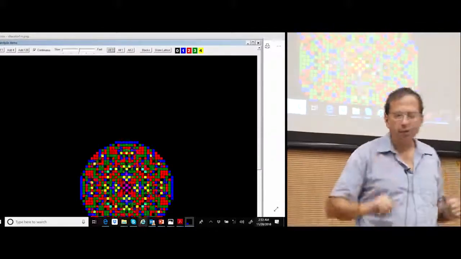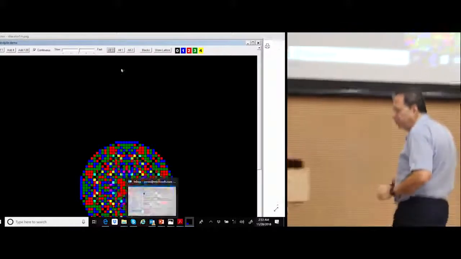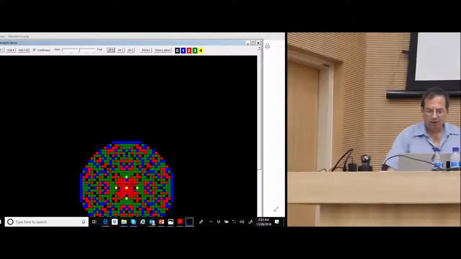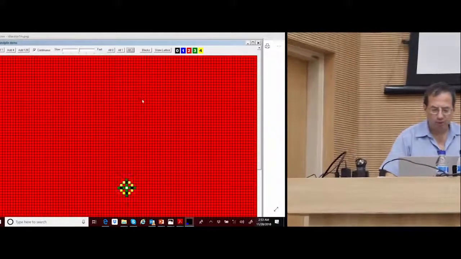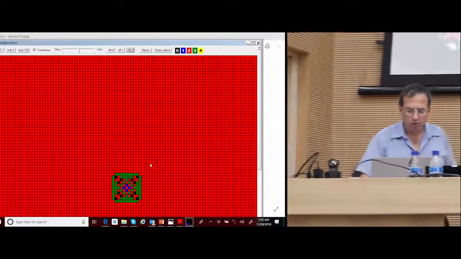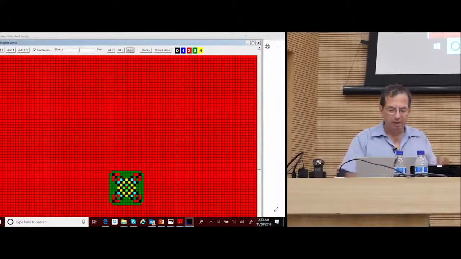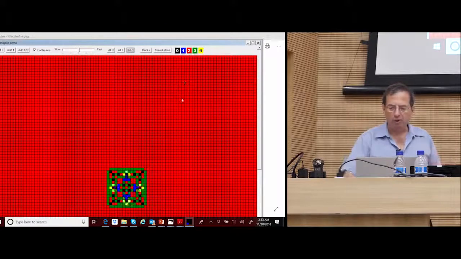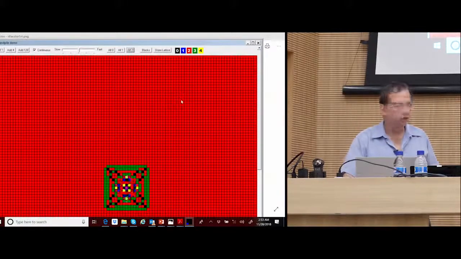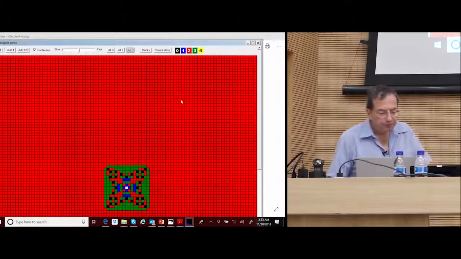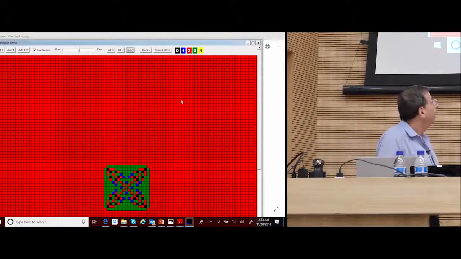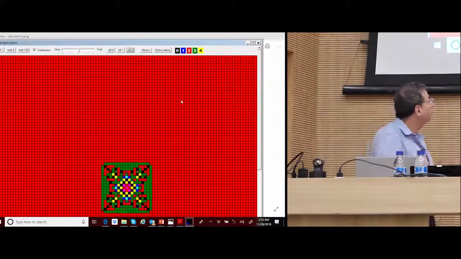So we could change this background condition. For instance, here I'm going to start with a background condition of all 2. This means every location has initially 2 particles. So red stands for 2 here. And we keep adding particles at the center.